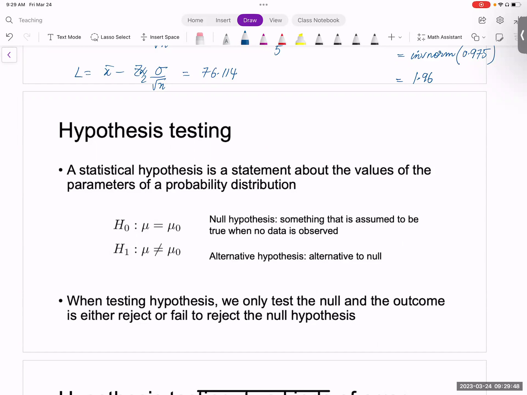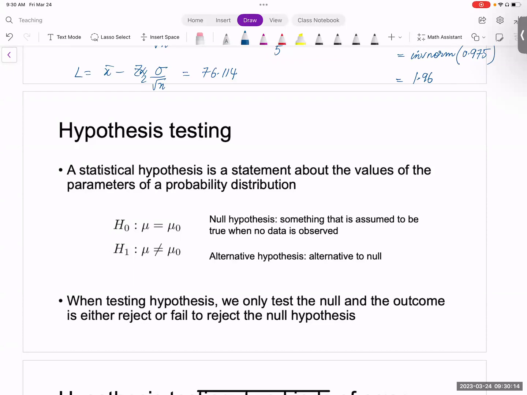Now let's talk about why we reject or fail to reject the null hypothesis. Why can't we accept the null hypothesis? The reason that we cannot accept a null hypothesis is that your inference is based on some amount of data. Keep in mind, as you get more data, your inference might change, right?